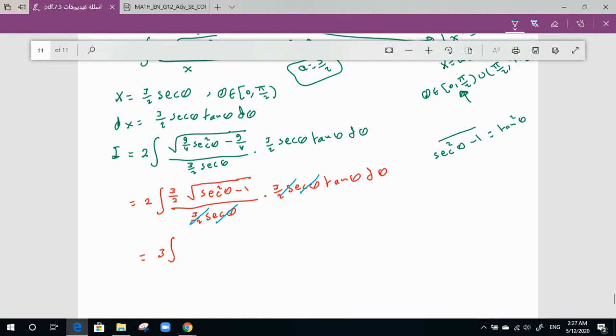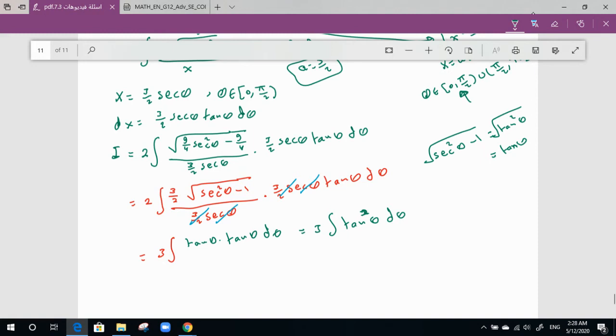So when I have radical for this, the value here is tan theta. Here it's 2 times 3 over 2, which is 3, and radical secant squared theta minus 1 is tan theta. So I have tan theta times tan theta d theta, which equals 3 tan squared theta d theta.